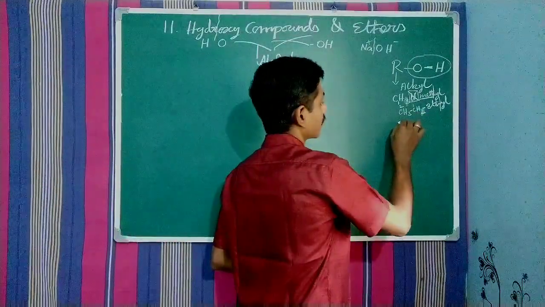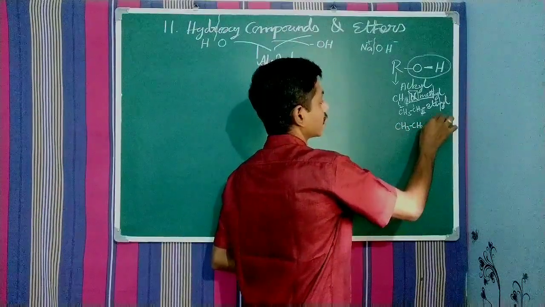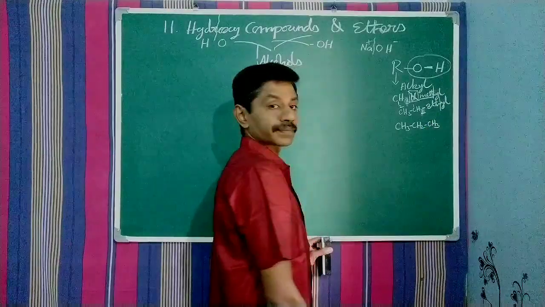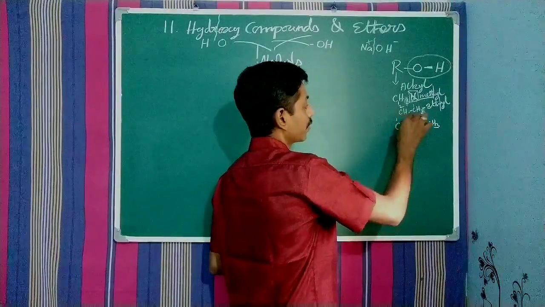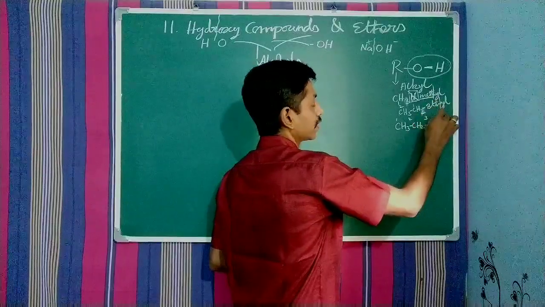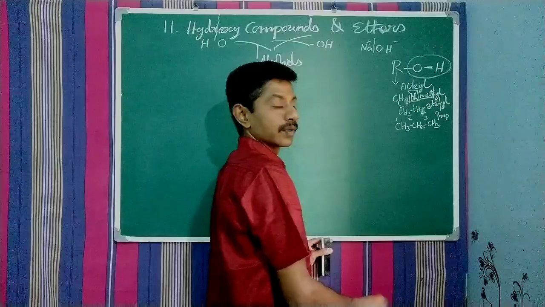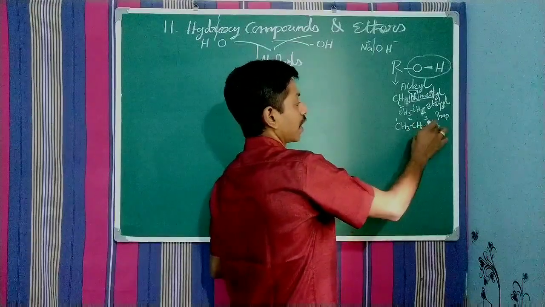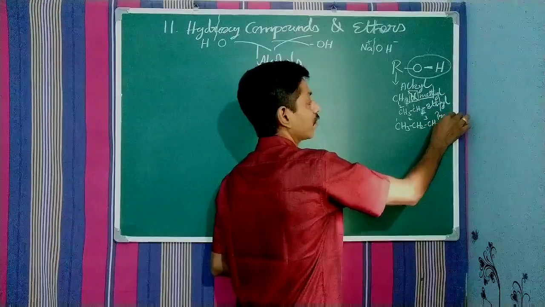Suppose we go for the next one, CH3, CH2 and CH3. Look carefully, 3 carbons are available. We learned the basics: the compound has to start with pro. I remove one of the hydrogens, then you have to add Yl.